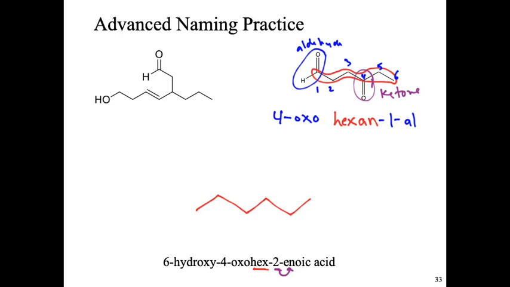When are you going to be tested on nomenclature? Stupid way to phrase that. You're going to be tested on a test. How are you going to be tested on nomenclature? Multiple choice. What are the odds that if we ask for the name, we're going to give you the name as the structure is read left to right? Not very likely.